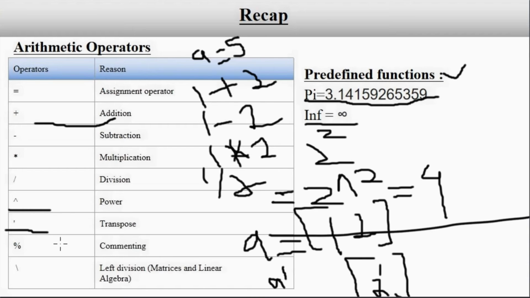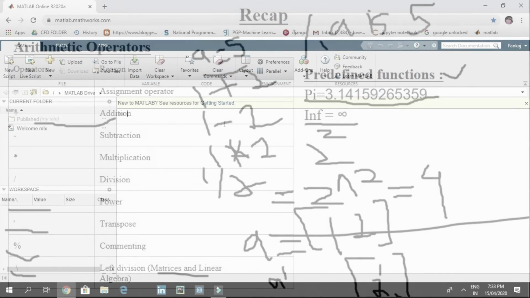So we have the single quote, and percent is used for commenting in MATLAB. Suppose we give A equal to 5, then we use this percent sign and write a comment like A is 5. And like that we also have left division. We are going to work on left division in next videos in the section on matrices and linear algebra.